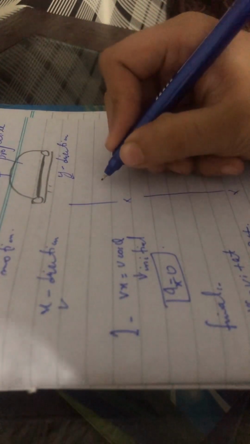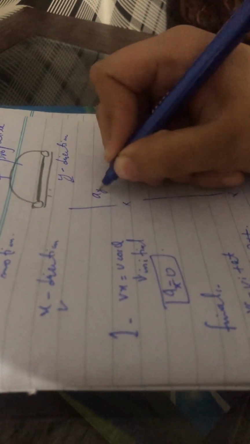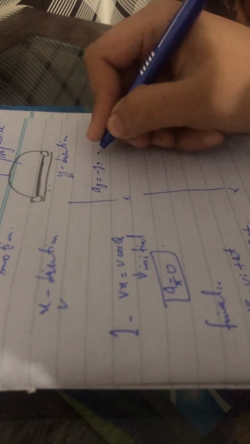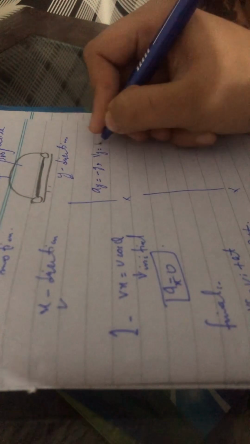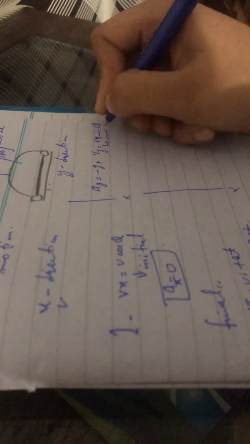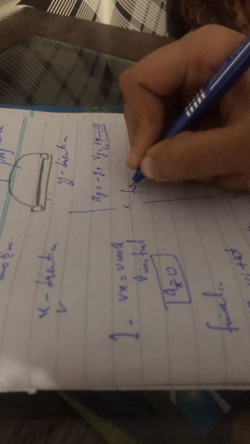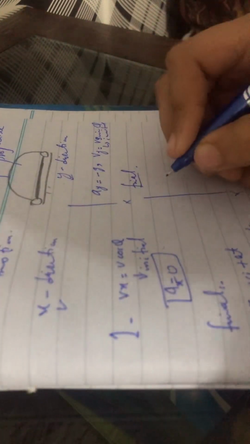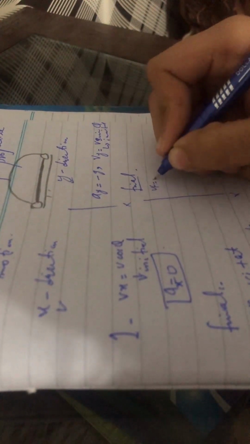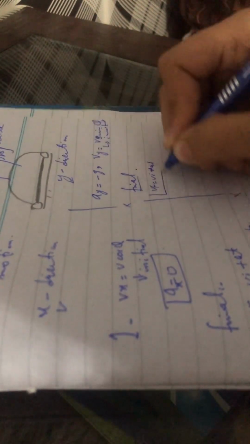If we talk about the y direction and the final velocity, first of all, what was the initial velocity? First of all, the acceleration ay is equal to minus g j, as we have discussed before. And what was the initial? vy is equal to V sine theta. This is the initial. If we talk about the final here, the formula we are using is vf is equal to vi plus at.